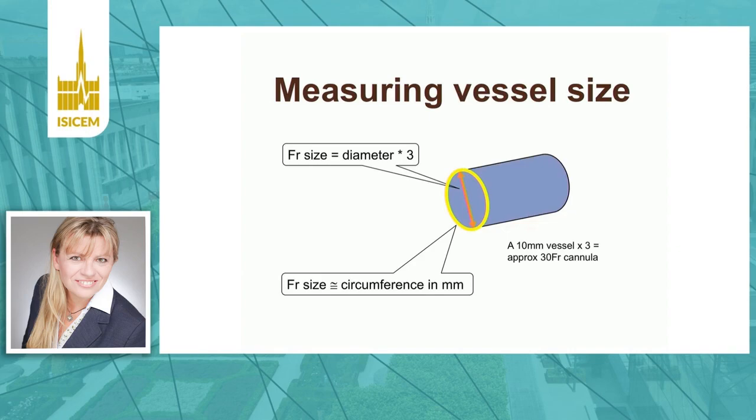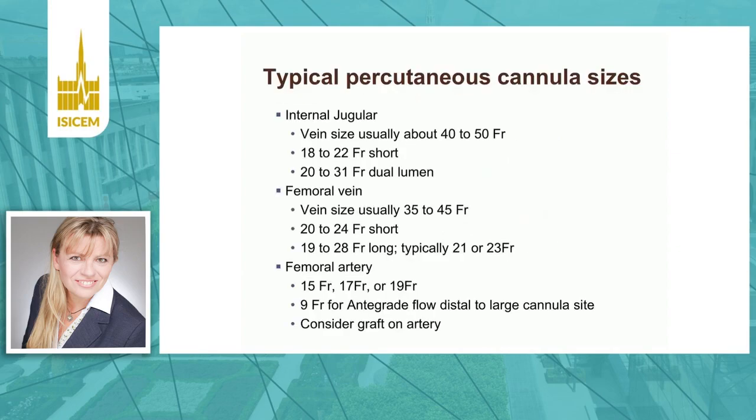For example, a 10 millimeter vessel diameter corresponds to approximately a 30 French cannula for a double lumen. There are some typical percutaneous cannula sizes, for example for the internal jugular and femoral vein. You can see the examples.